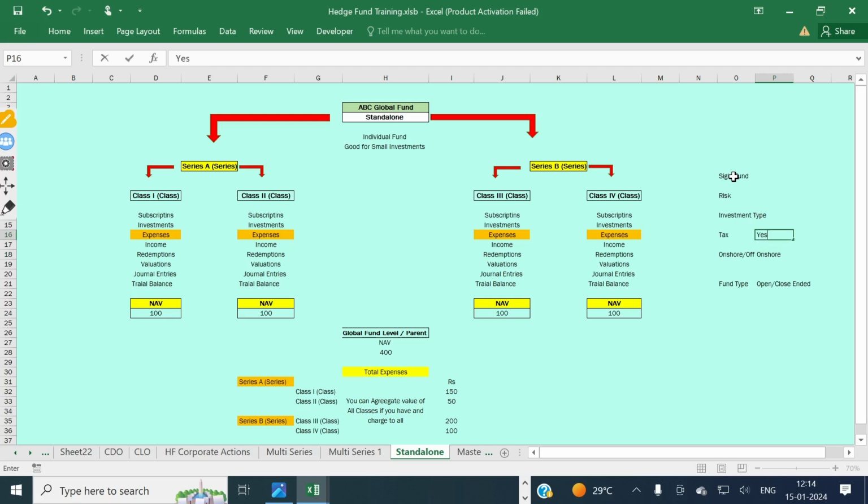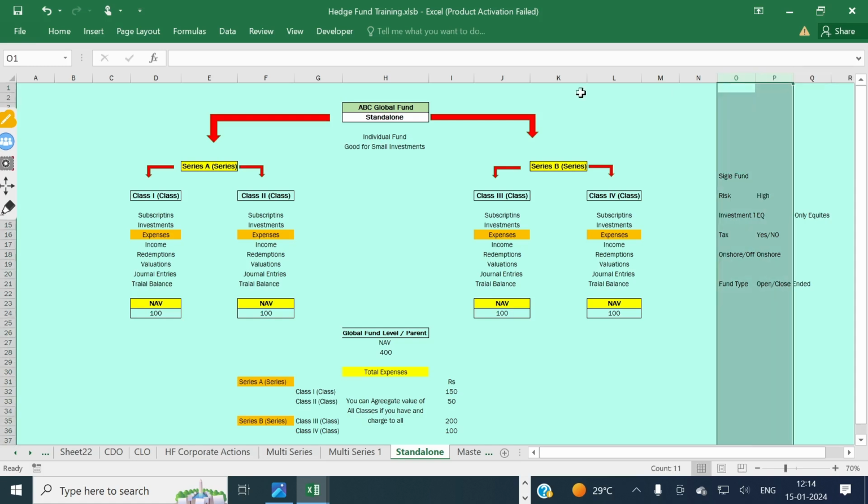Then tax, yes, no. You can select the investment type, let's say equity. So it means you would say only equities. Risk, of course, when you say equity, it means risk could be high.